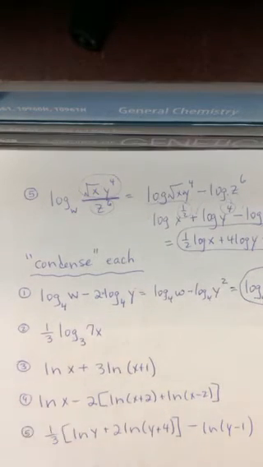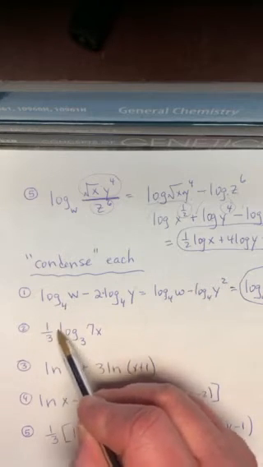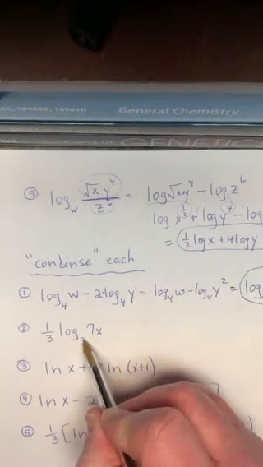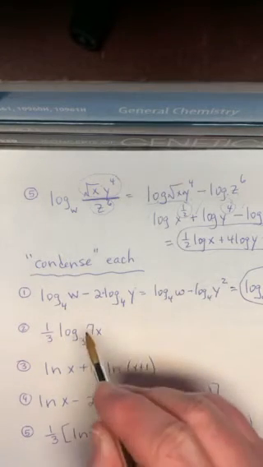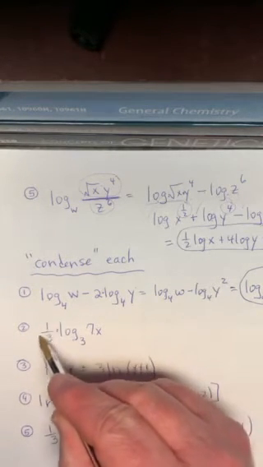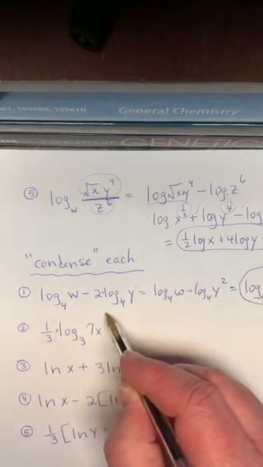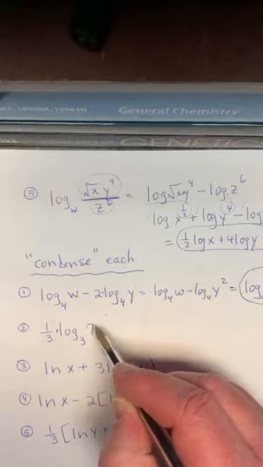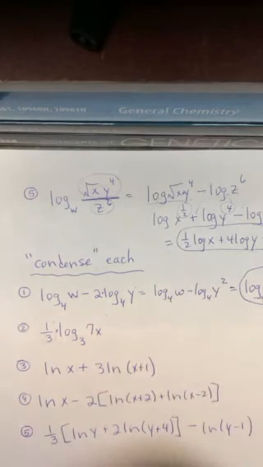Now careful here. Notice there's a 1/3 in front of this log base 3 of 7x. So does everybody agree that if there's a 1/3 in front, again, it must have been an exponent, not over top of just the x, but the whole thing must have been raised to that power, right?